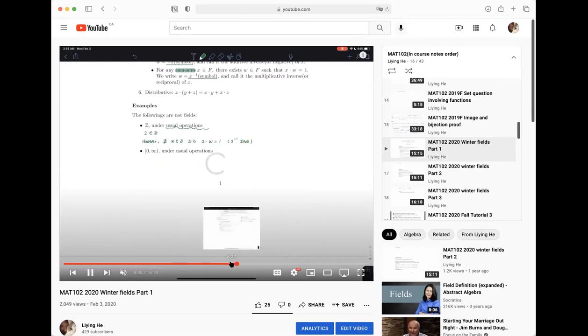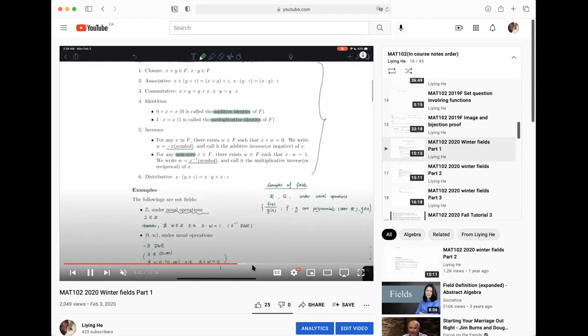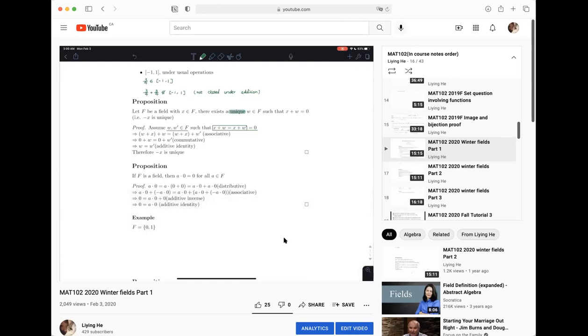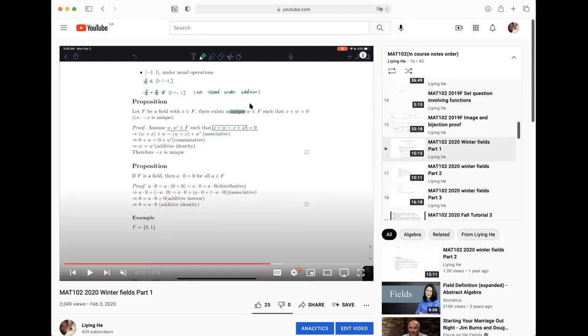That's in problem set D. Oh, then you guys should know how to do it. Okay, nice. Oh, it's right here. There exists W in F such that they add together to give zero, which means the negative is unique. Right here. Nice.